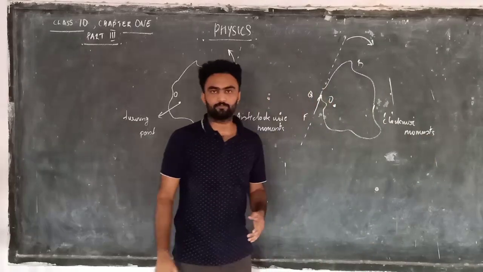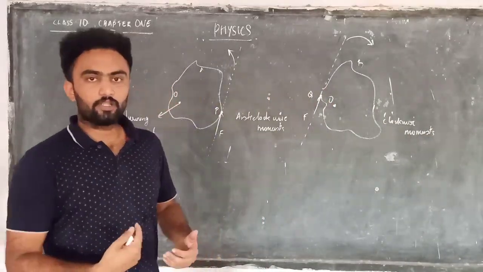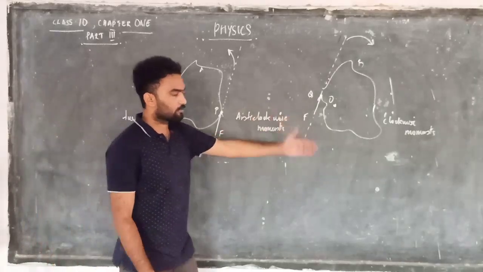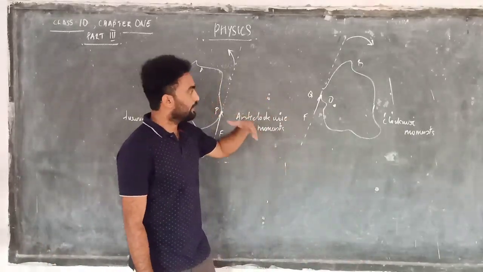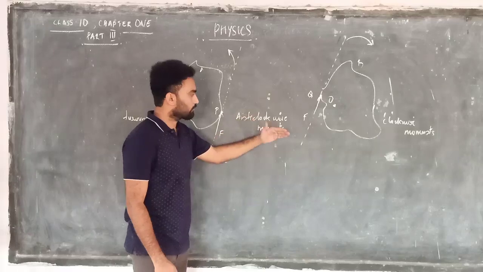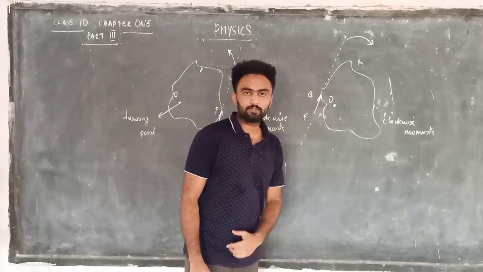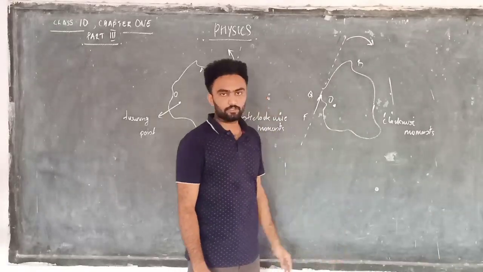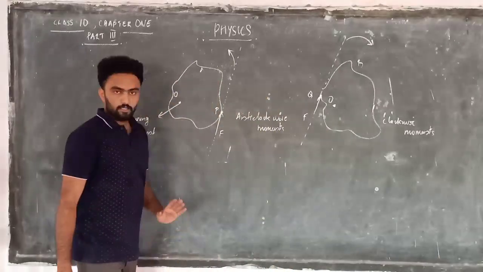Okay? So the direction on a particular rigid body on the application of force can be of two types: anti-clockwise moment or clockwise moment, depending on the point of action of force and the line of action of force. Clear?